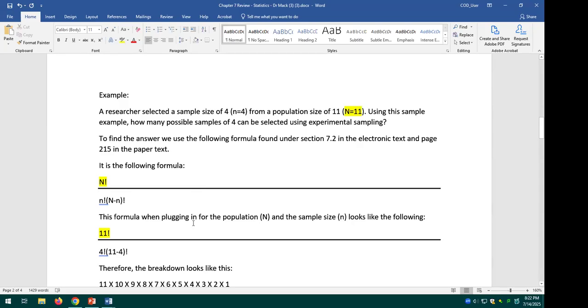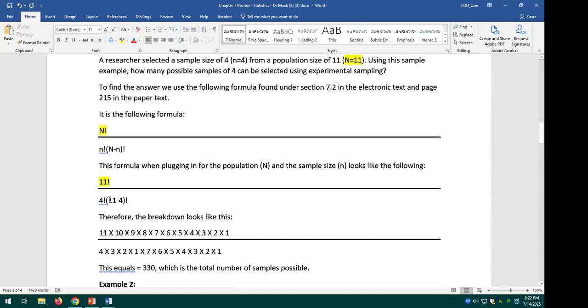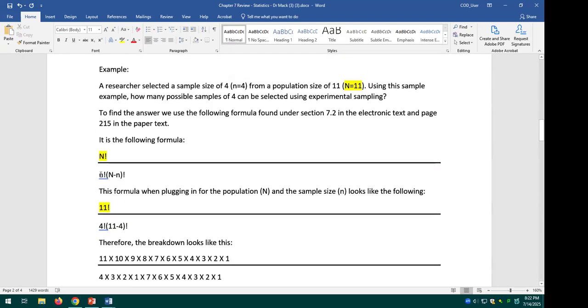Does that make sense on that formula? Now the next one, the sample size of 4, so that goes here. So we're going to get this right here, and we're going to plug this down here. Does that make sense for the formula?